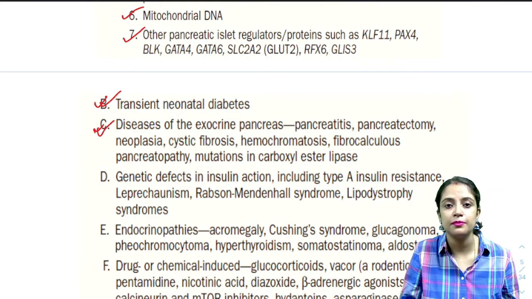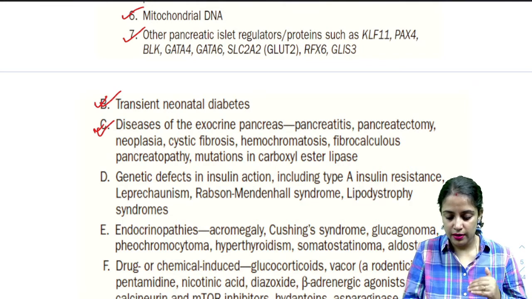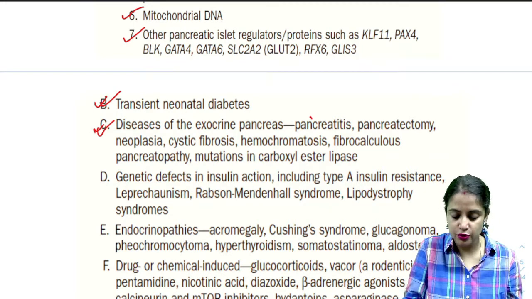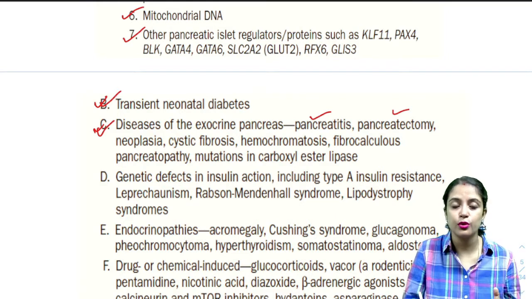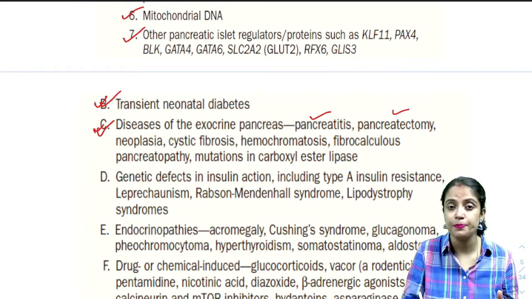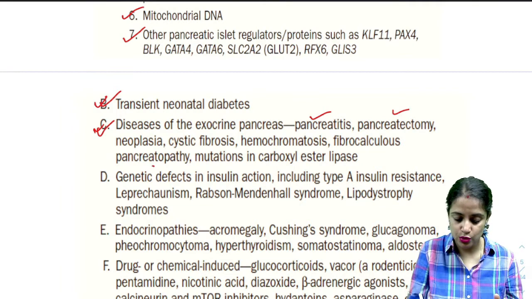Diseases of the exocrine pancreas, for example pancreatitis, pancreatectomy, pancreatic cancer, cystic fibrosis, hemochromatosis, and fibrocalcific pancreatic disease, may all lead to the development of diabetes.